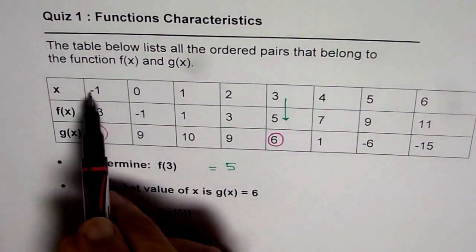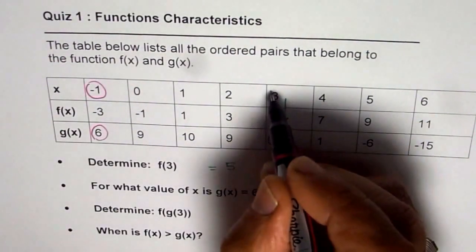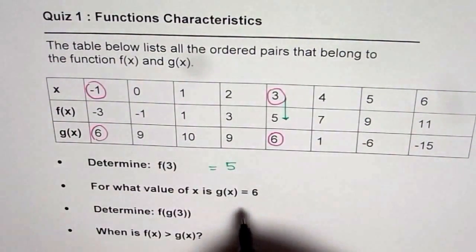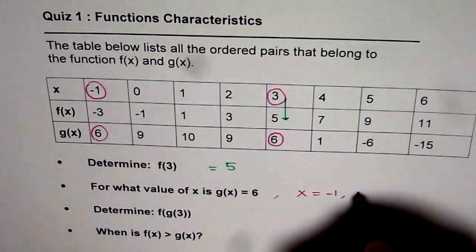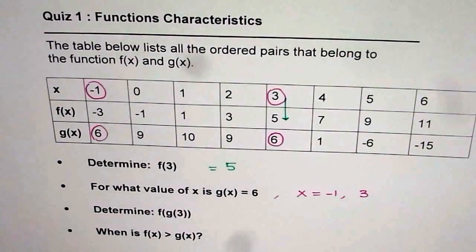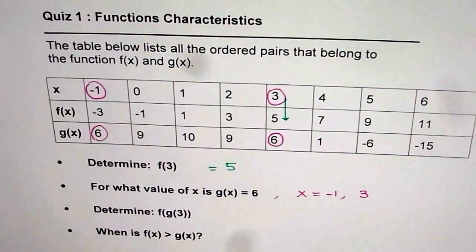One of them is -1, right? And the other one is 3. So we have two answers for this, that x is equal to -1 or it could be 3. So these are the solutions for g of x equals 6.